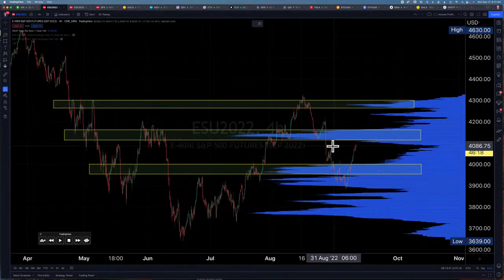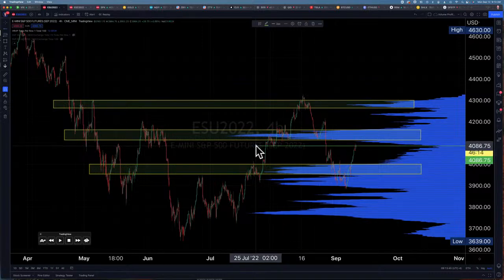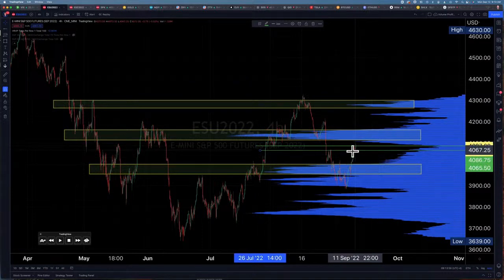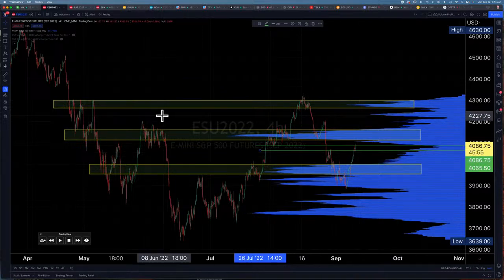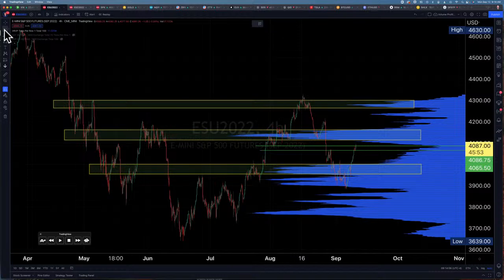So I pick out the very lowest points. Like that right there is a significant area. And like I said, there could be multiple areas. You can see that there's definitely an area right there. And when we zoom in, you'll start seeing that price will be respecting those specific levels. It's kind of weird, but that's how it works out. And that's how we create our analysis.